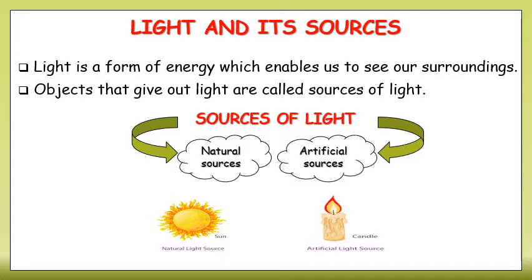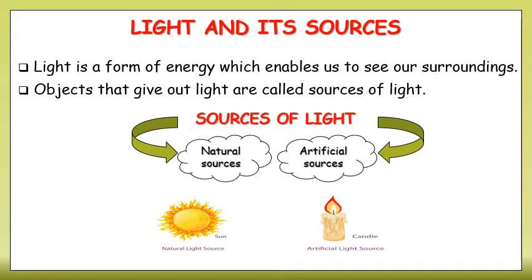Okay, now what are the sources of light? Or what do you mean by sources of light? The objects that give out light are called sources of light. Now they can be either natural or artificial, or you can say man-made.